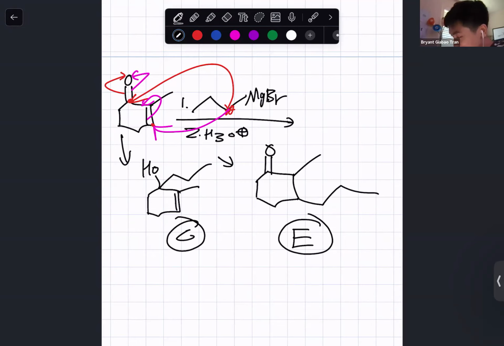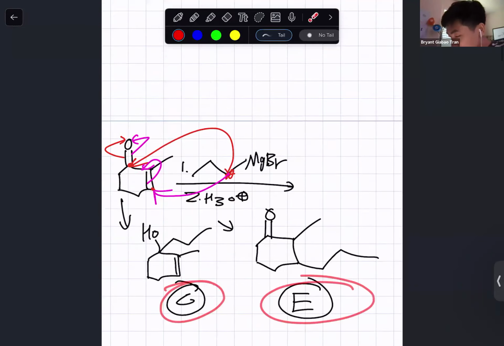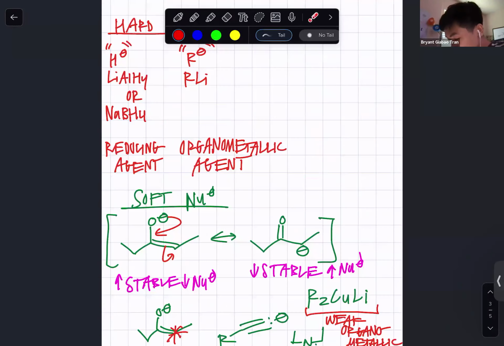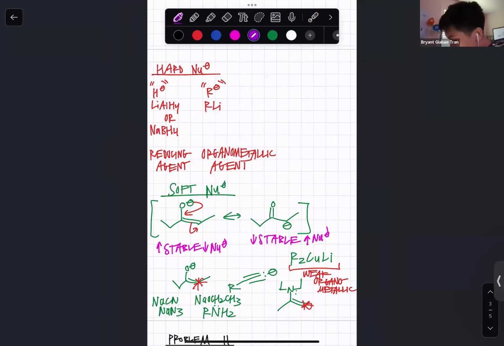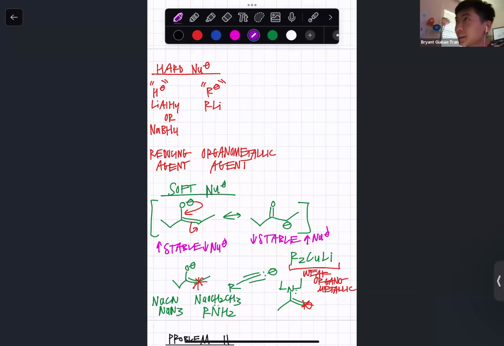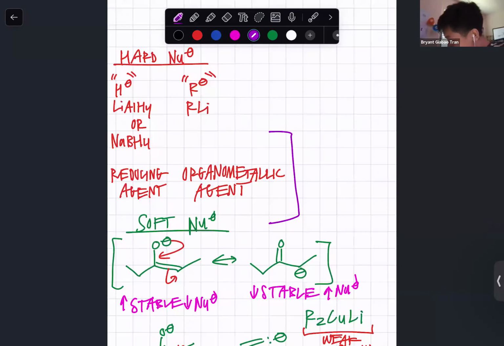But my guess right now is that it would be both C and E, where a Grignard reagent, RMgBr here, is considered a mix of a hard and soft nucleophile. So what should we call it? What's the middleman, the in-between guy? Medium nucleophile.